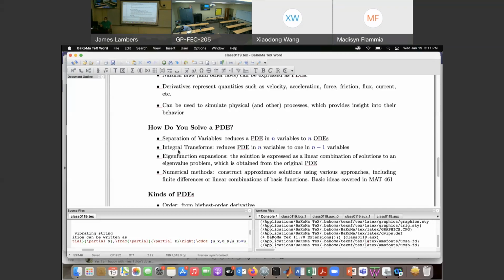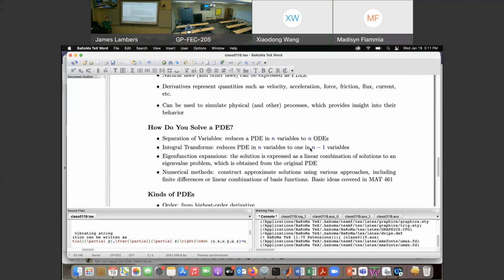Another approach is called integral transforms, such as a Fourier transform or Laplace transform. You would have seen the Laplace transform in a first ODE class. Here we'll deal with certain Fourier transforms, where we can reduce the number of variables in the PDE. So for instance, say you have a PDE that depends on two variables.